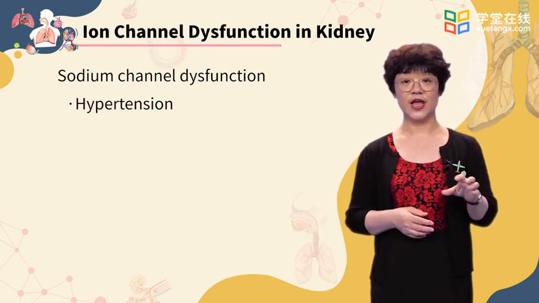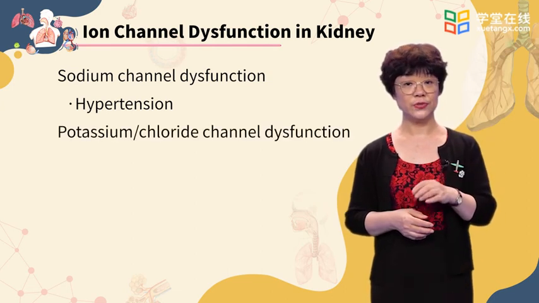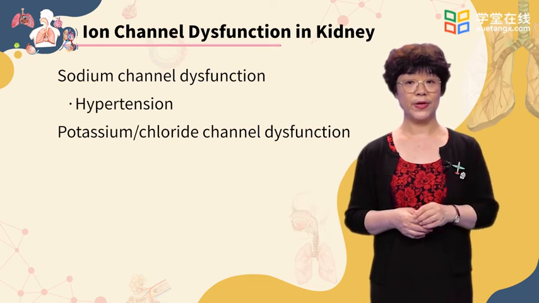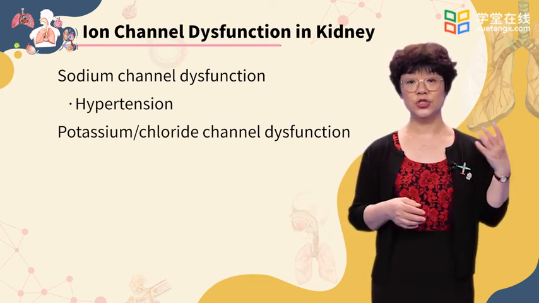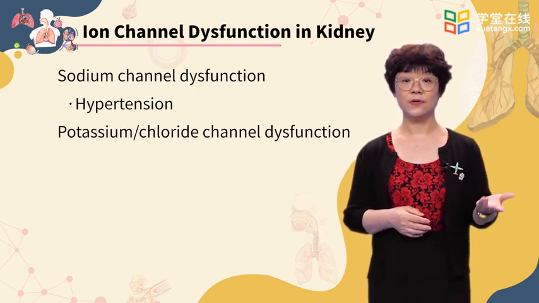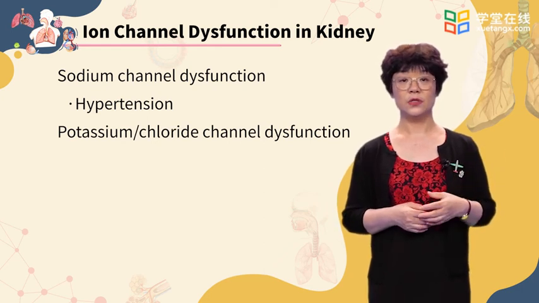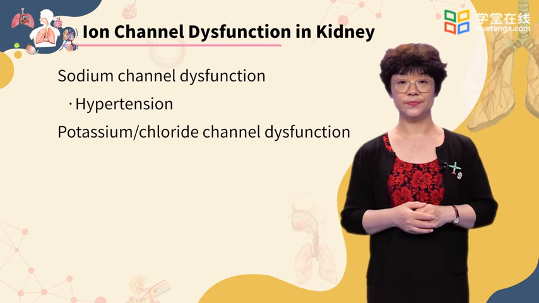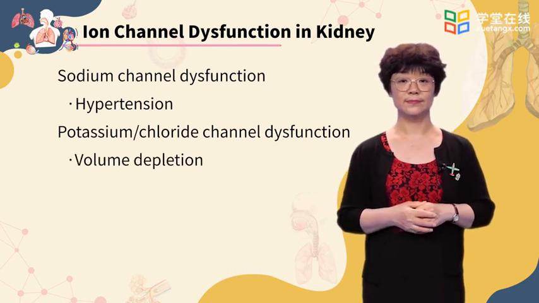Defects in potassium channels in the luminal membrane or chloride channels in the basolateral membrane of renal tubules result in increased excretion of water, sodium, chloride, potassium, and calcium. The salt and water loss leads to volume depletion, triggering many other responses of the body.